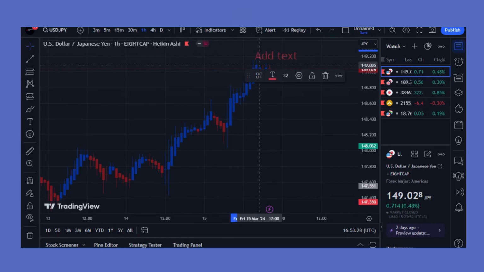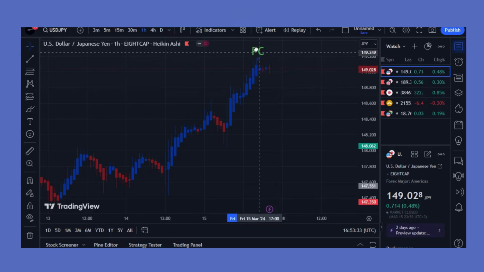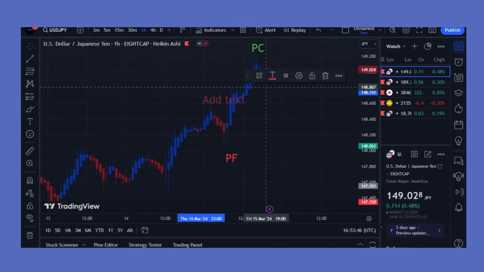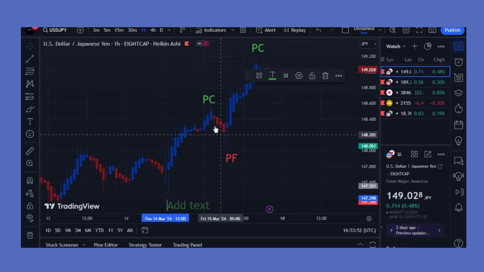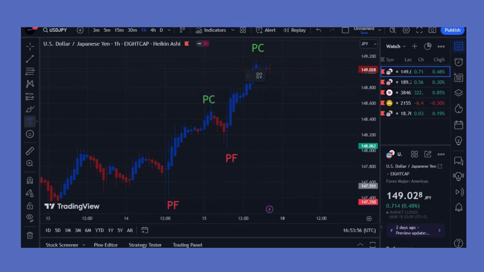So, our recent price ceiling, price floor, price ceiling, price floor, price ceiling.